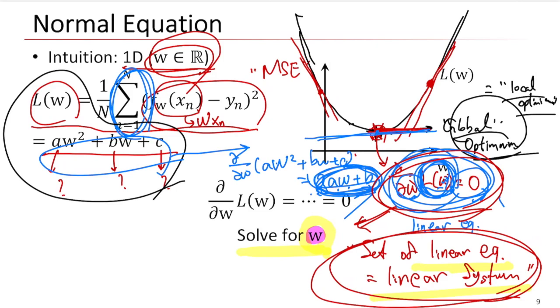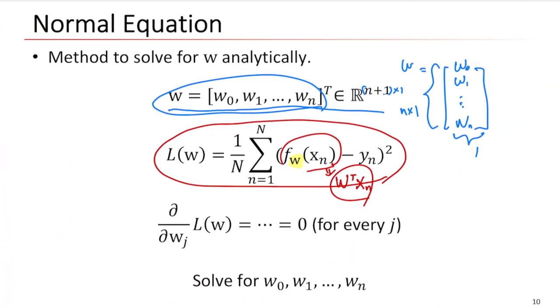How can we solve this? Similar to this one, we can just compute the gradient of this loss function with respect to each parameter of this one. Okay, wj. Okay, for every j.